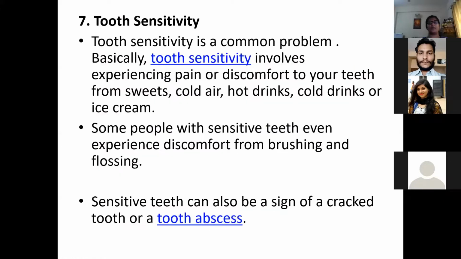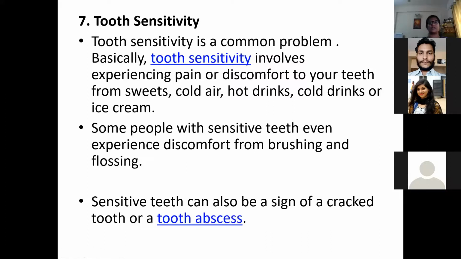Another common problem associated with the oral cavity is tooth sensitivity. Basically, tooth sensitivity involves experiencing pain or discomfort in the teeth from sweets, cold air, hot drinks, cold drinks or ice creams.